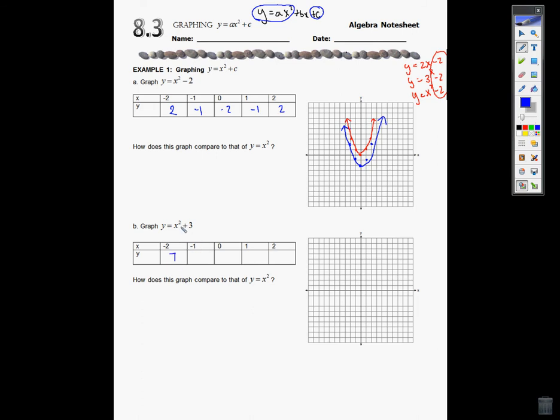Negative 1 put in here, plus 3, gets me 4. 0 put in here, plus 3. 1 put in here, plus 3, and 2 put in here, plus 3. Again, I'm seeing that symmetry. If I graph it, I'm going 1, 2, 3, so 3 in the center. If I go over 1, I'm going up to 4. If I go over 2, I'm going up to 5, 6, 7. And the same type of symmetry on the other side.